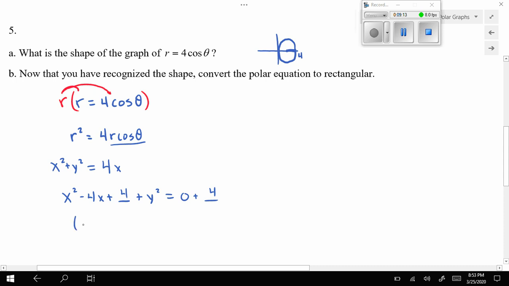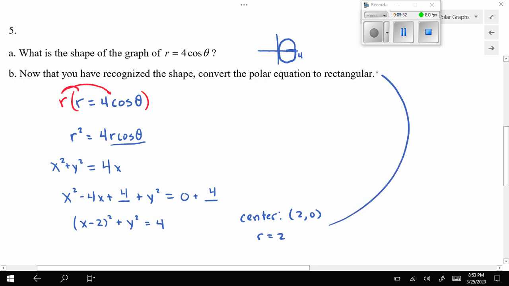And then this converts into x minus 2 quantity squared plus y squared equals 4. So we get our circle centered at 2, 0, and a radius 2, as kind of verified by that picture right there.